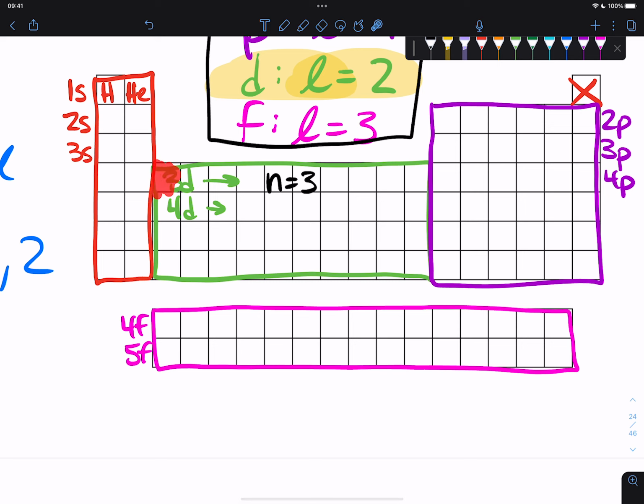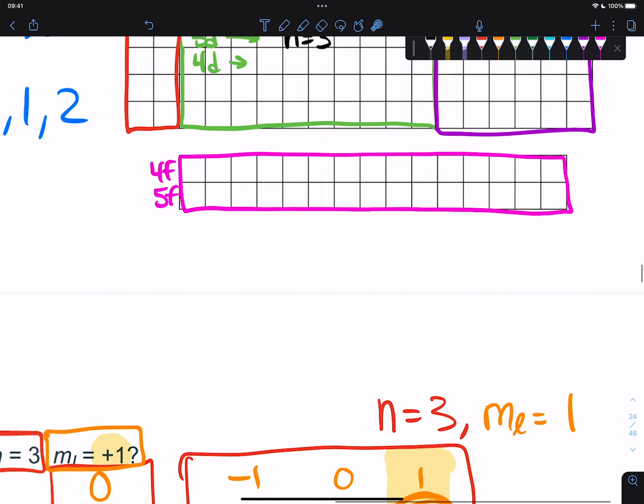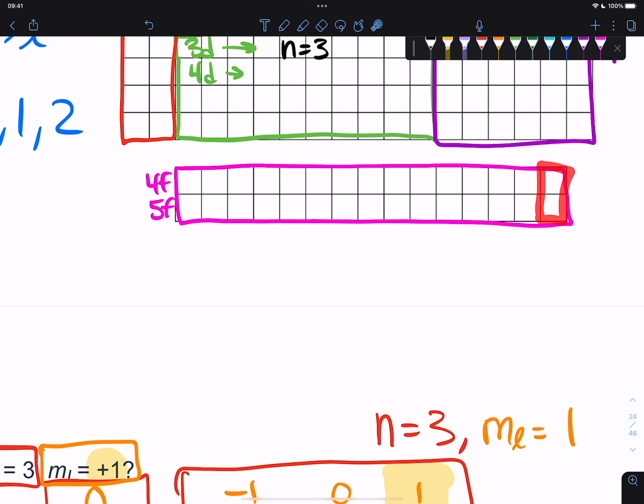And the d block is 1, 2, 3, 4, 5, 6, 7, 8, 9, 10 wide. That just helps you to double verify. By the way, s is 2 wide, so s can only hold 2 max electrons. And the same thing with p. p can only hold a maximum of 6. And you can count, obviously, f holds 14. Even though this periodic table is a little bit wonky because things kind of act weird on the end.